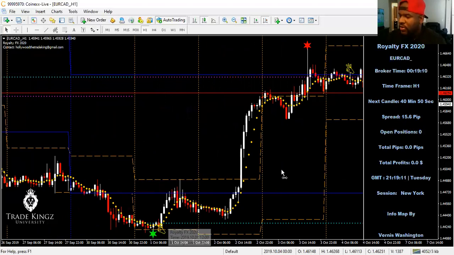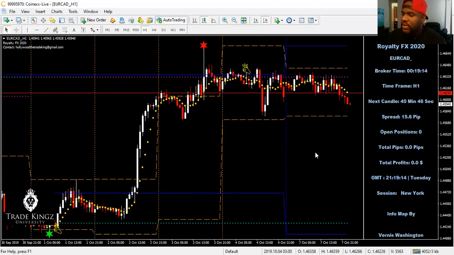So you have, again, your previous week open and close is blue. Your previous day high and low is orange. And your previous month open is purple. And the previous month close is baby blue, okay?